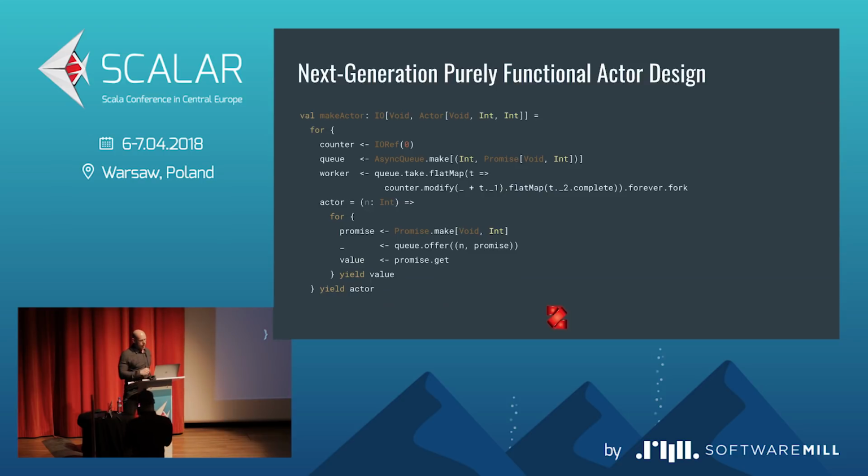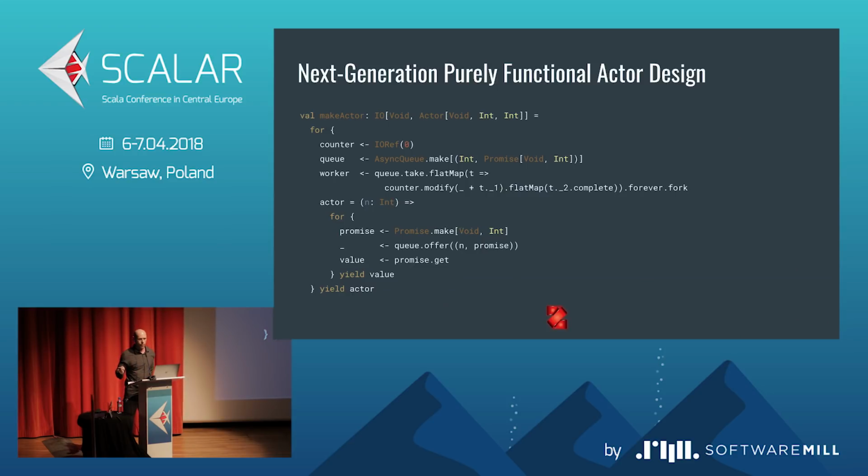And then the worker, we just take something from the queue, we flat map that to an action that modifies the counter, incrementing it by the first element of the tuple. And then we flat map that, modify will return the new value of the counter. So we flat map that to the completion of the promise. So we complete the promise with the value at which the counter is set to.